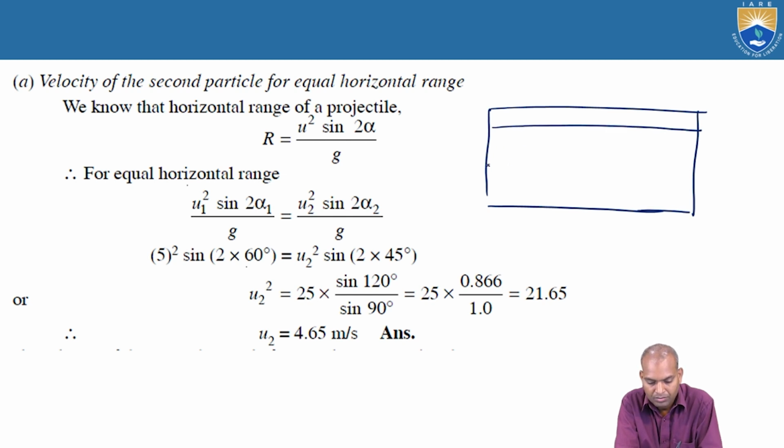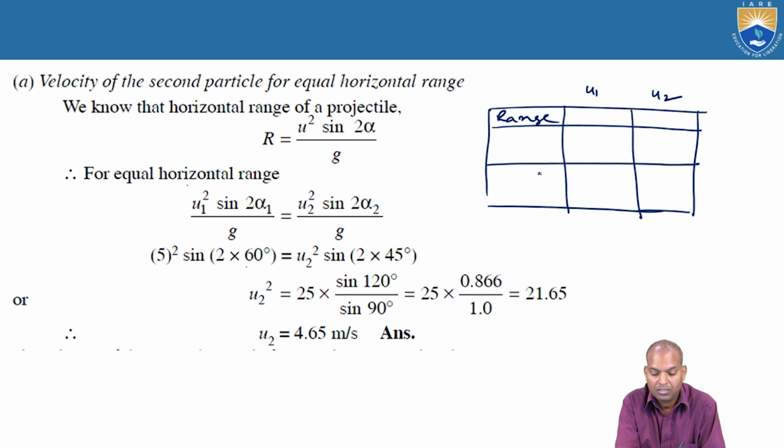There are three parameters: equal range, equal height, and equal time of flight. For the angle of inclination alpha, u1 has alpha 60 degrees and u2 has 45 degrees.